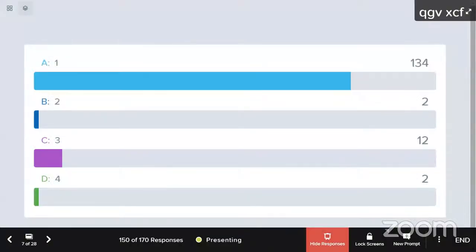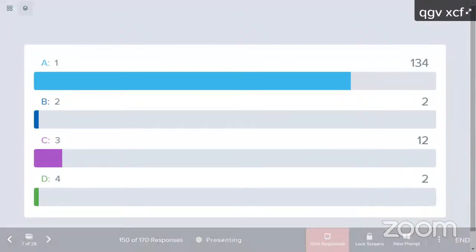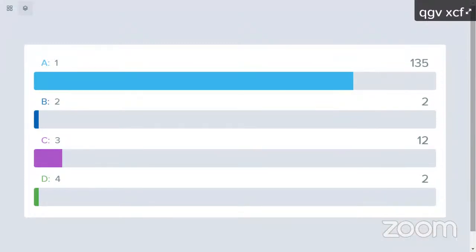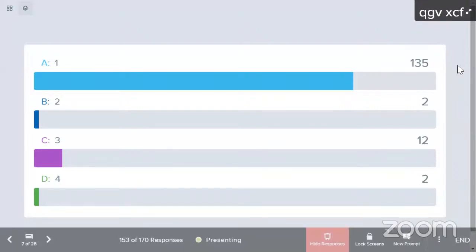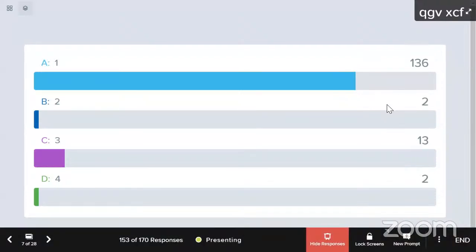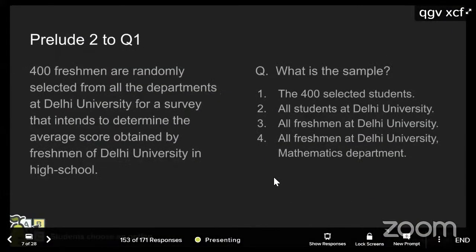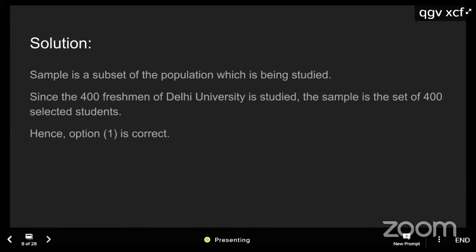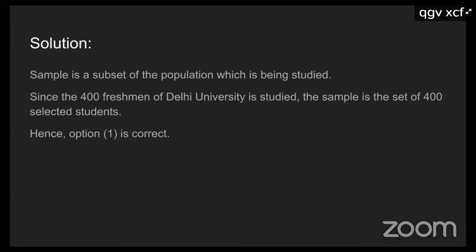Let me see the responses. 134 people chose option 1, 12 people chose option 3. I don't know why, because according to those 12 people, the population is the same as the sample. Try to understand the concept here. What is the sample? A sample is nothing but a subset of the population which is being studied, right?